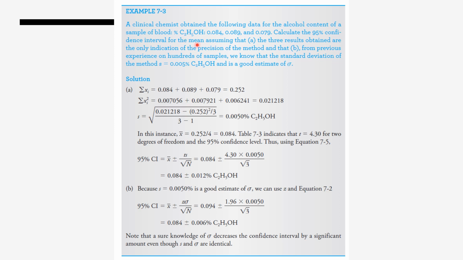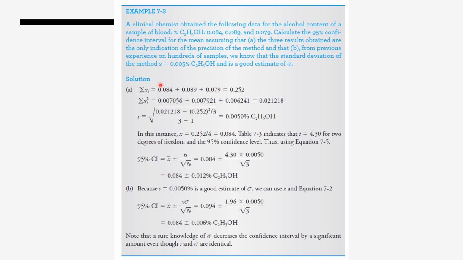So meaning you have n number of measurements. Calculate the 95% confidence interval from the mean. The three results obtained were only the indication of the precision of the method, and from the previous experience of the 100 samples, we know that the standard deviation of the method is 0.05%.